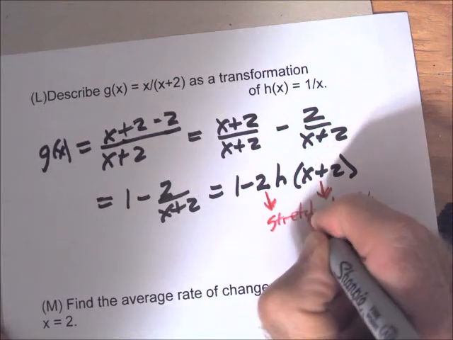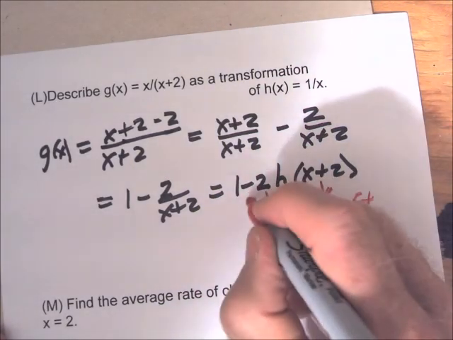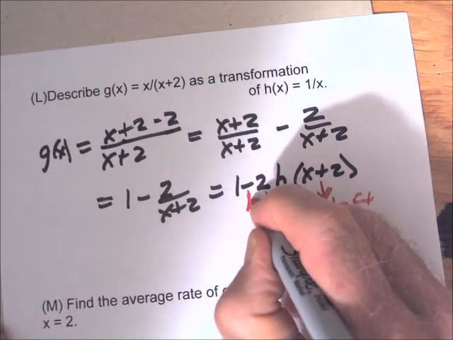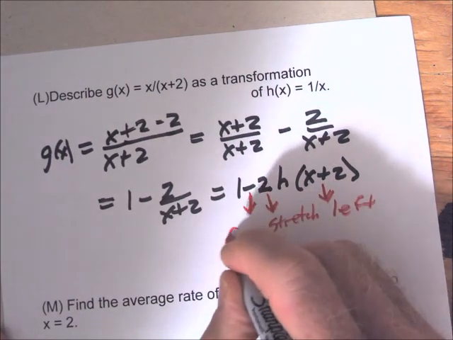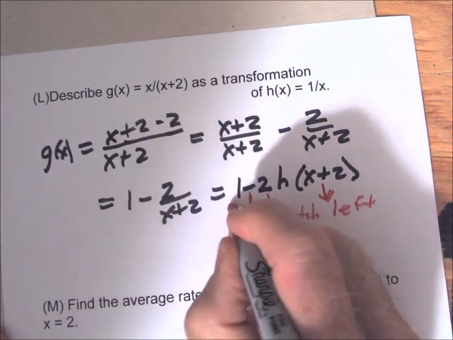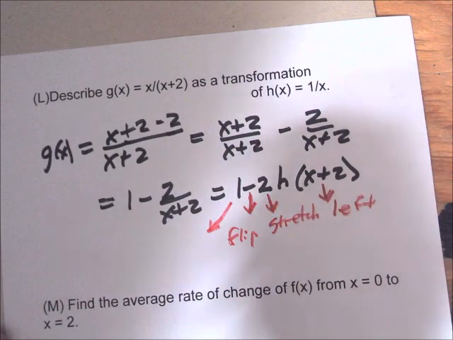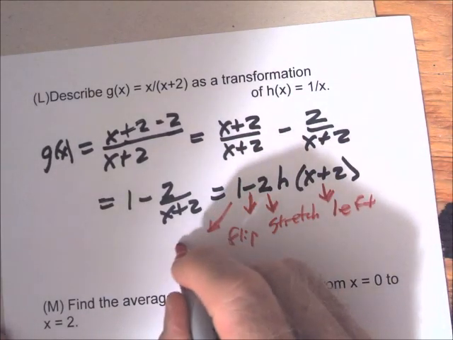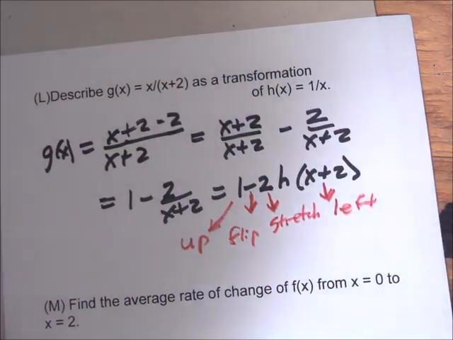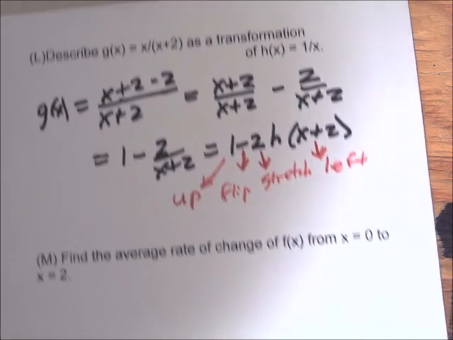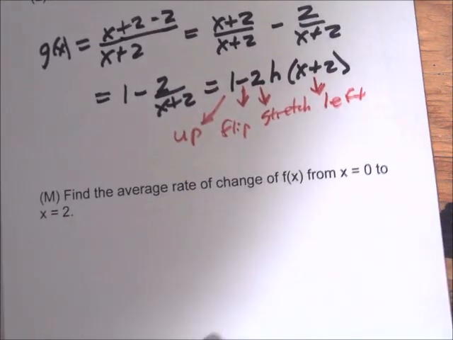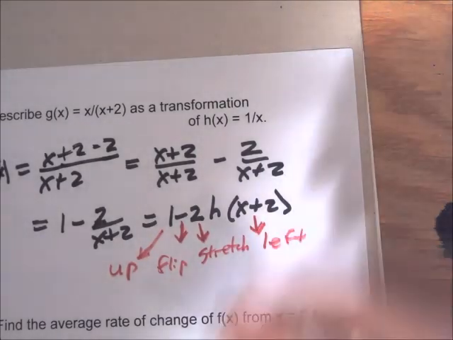It stretches it vertically. This minus sign flips it across the x-axis, and this one here shifts it up 1. So that's a more complicated transformation.